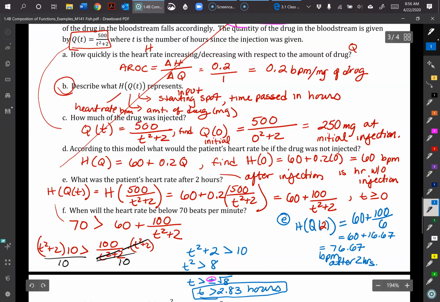Usually, write sentences out when you're doing a test and things like that. It can be brief, like this. You just squeeze in heart rate. Okay, so that's our big word problem there.